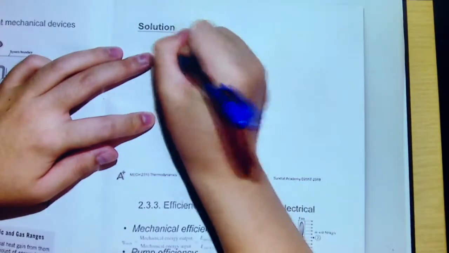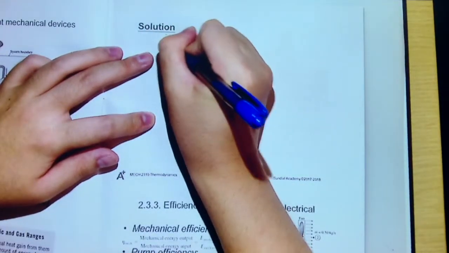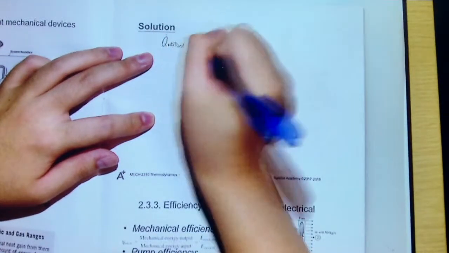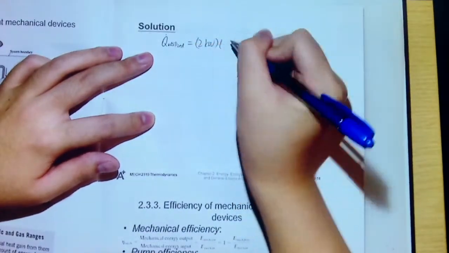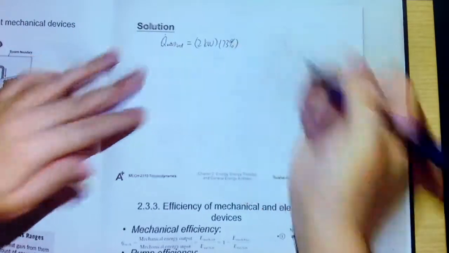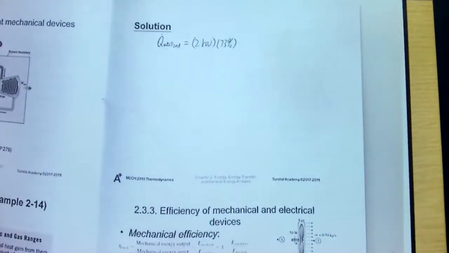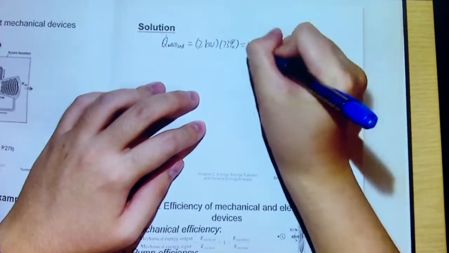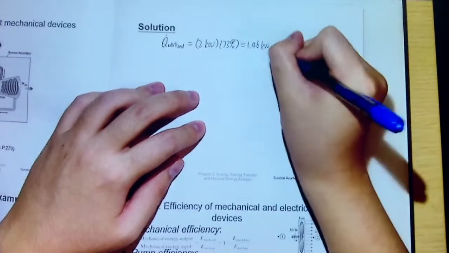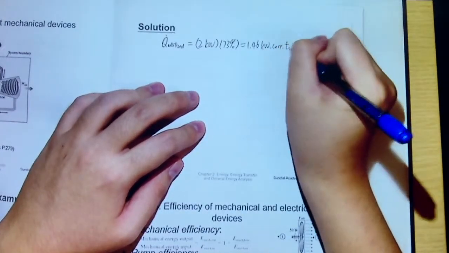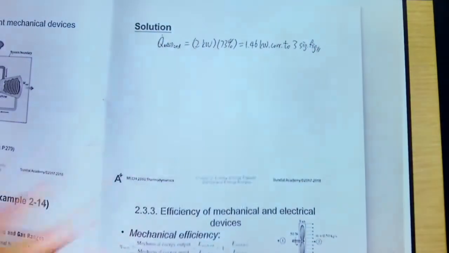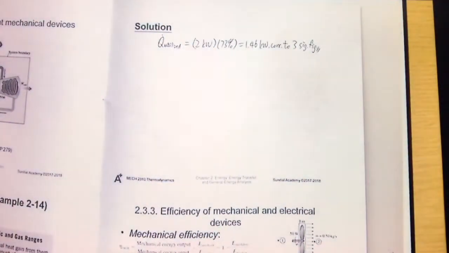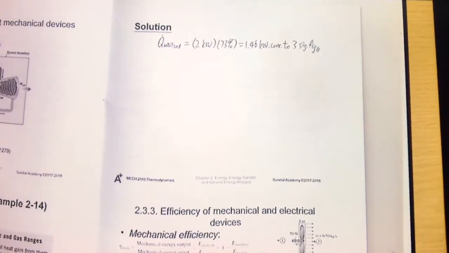So we will have a Q dot utilized to be 2 kilowatts multiplied by the efficiency, 73%, so that we get the output, 1.46 kilowatts, correct to 3 significant figures. First of all, we get the Q utilized, that's the power output.